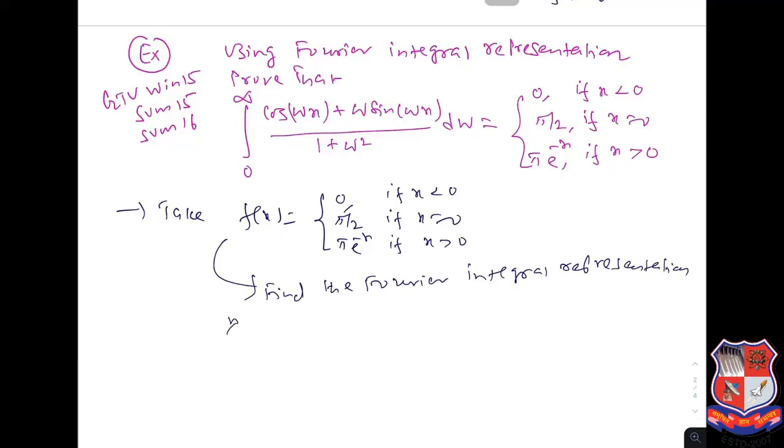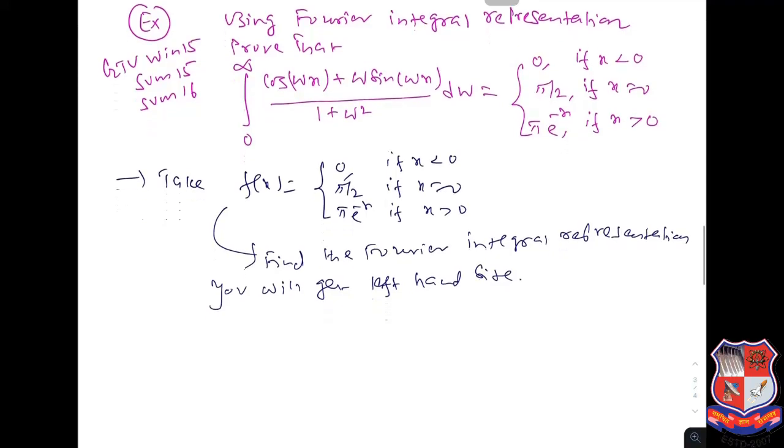You will get the left hand side. In the integral you need to consider only x greater than 0. You don't need to consider x equal to 0 because it is only at one point. So only 0 to infinity, e power minus x, is considered. You will definitely get this answer. Okay, so it's just the same example but asked differently.